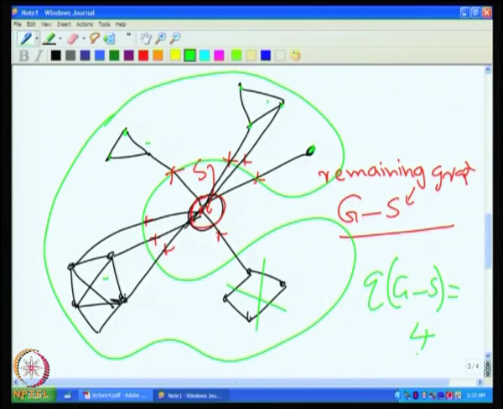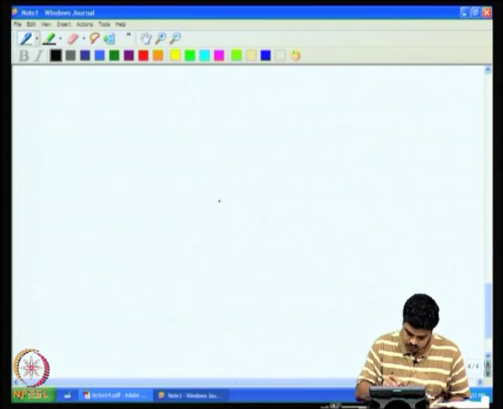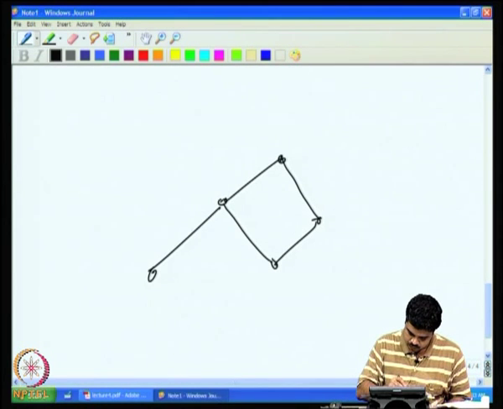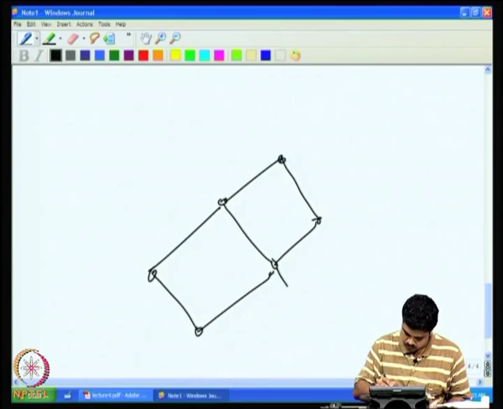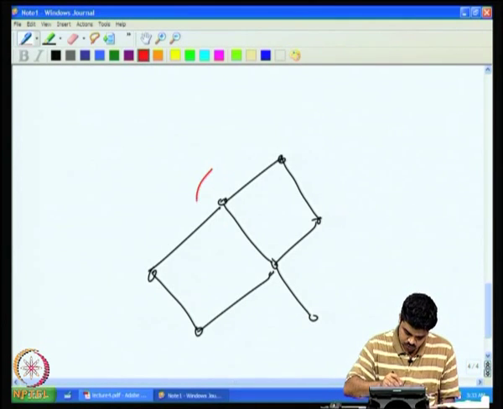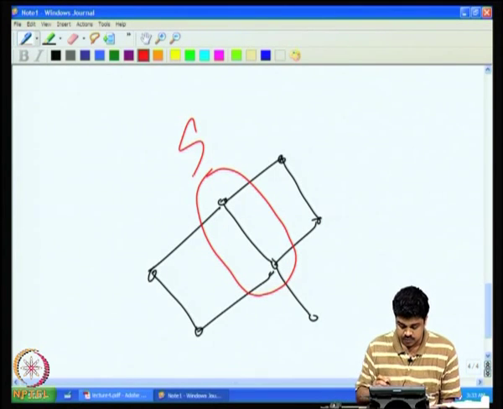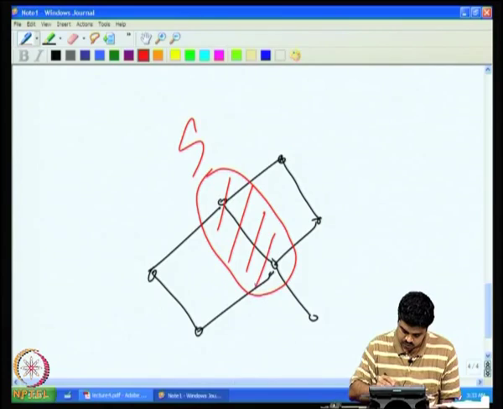We can take maybe a slightly different example, so another one. Let us say this graph. Consider this 2-element subset S. Now, this is S. Suppose I remove this set. What all things will go away?